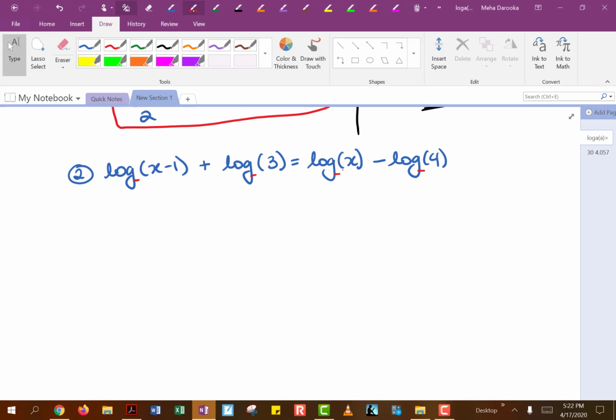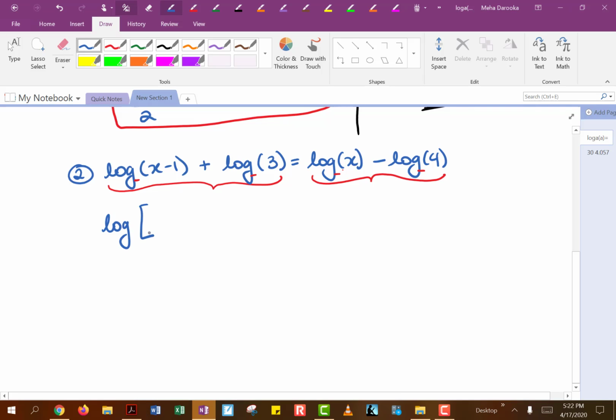So we'll start with the left hand side first. Go ahead and combine these two into a single log, and we'll do the same thing on the right hand side, go ahead and combine these into a single log. So since you have a plus sign on the left-hand side, that means you have to use the product rule. So that's going to be log of, and remember product rule, when you have a plus sign, that means you multiply your logarithmic value.